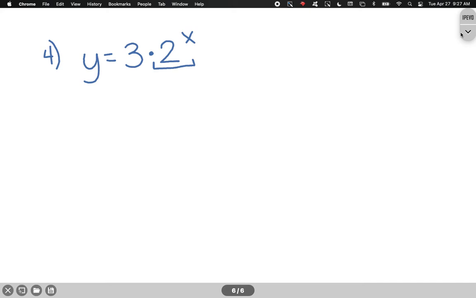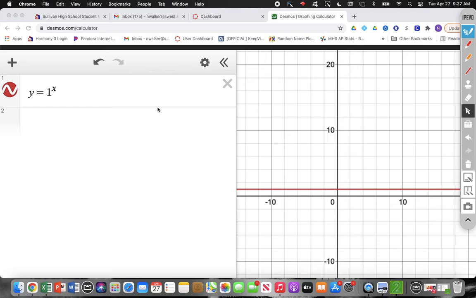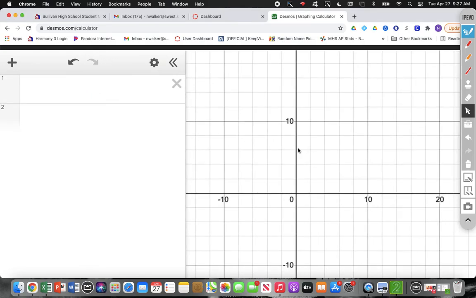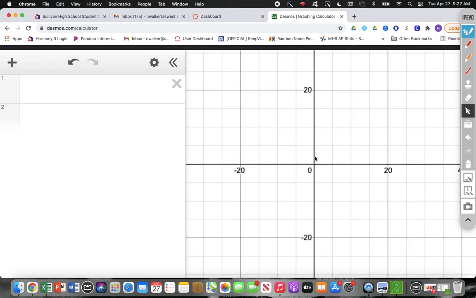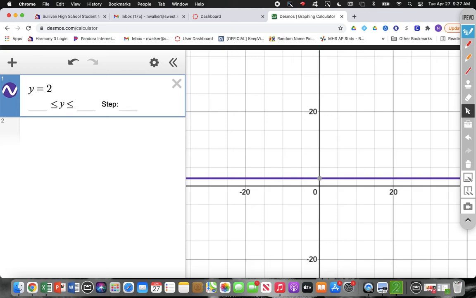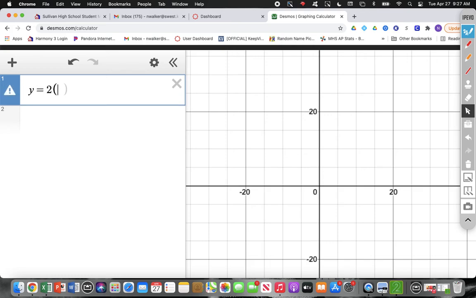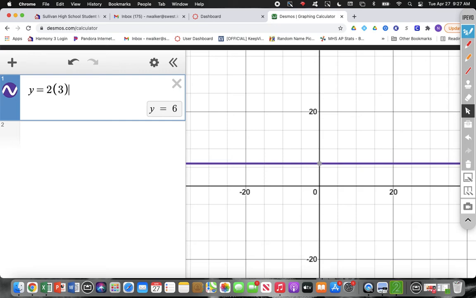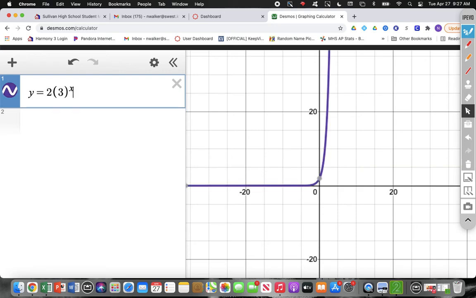If you guys want to get your Chromebooks out and type these in with me so it's a little bit easier for you to see, let's go ahead and do that. I actually want you to type y equals 2 and then in parentheses 3 to the x power.